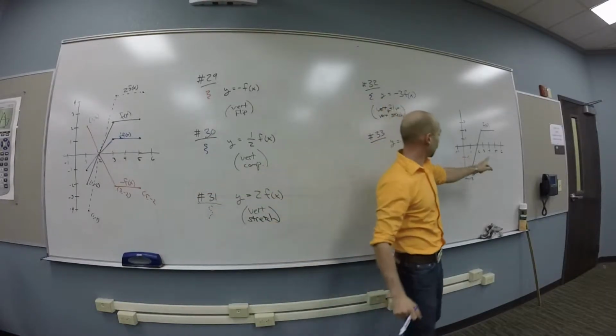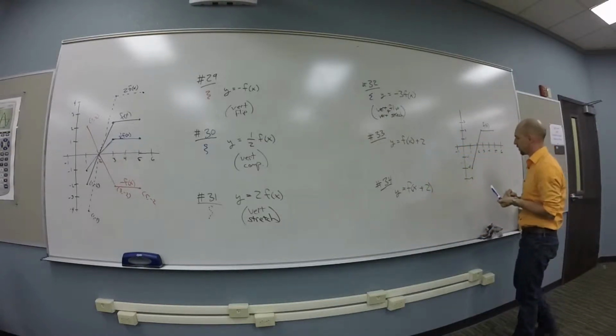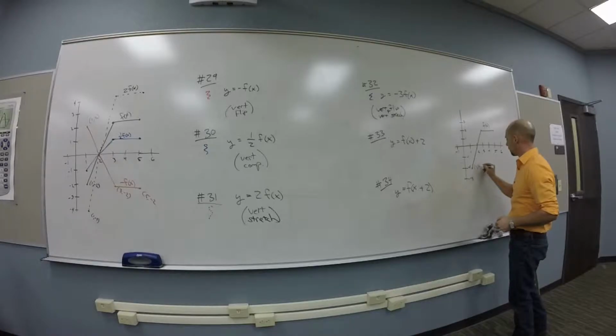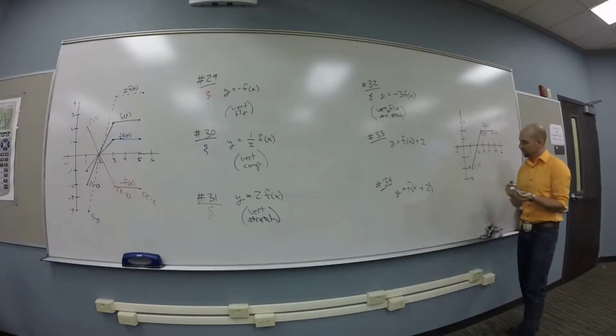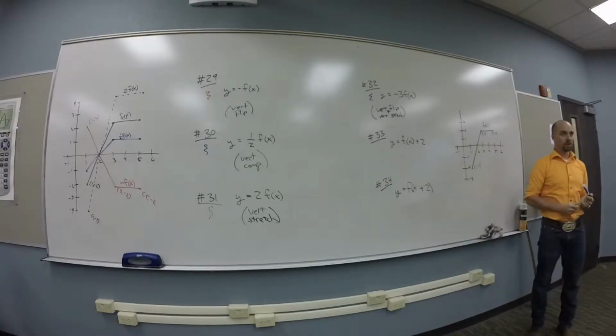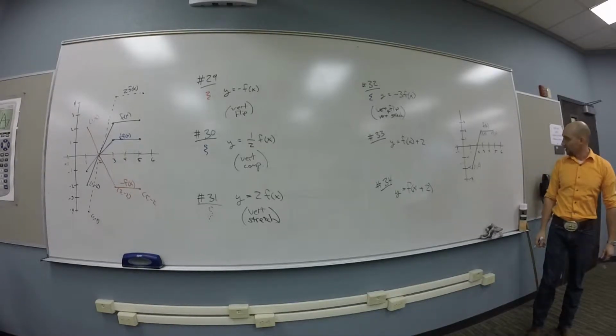Or I could take my picture here and my points. These are 1, -2, 3, 2, and 5, 2. And I could multiply their y values by -3. That'll accomplish the same goal. So maybe let's just do that.